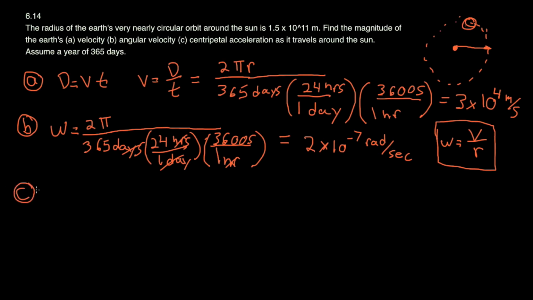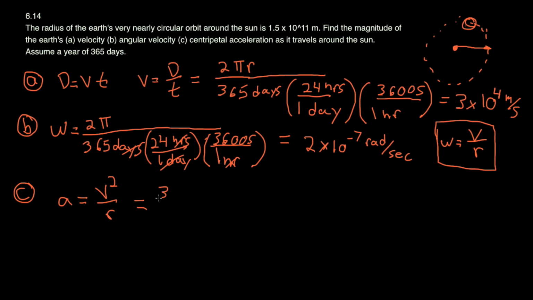Okay, so the next thing we're trying to solve is centripetal acceleration. So we know that the centripetal acceleration is equal to v squared over r. So this is mostly just plug and play right here. And so let's plug in our v, which is this one, right? This is our v.